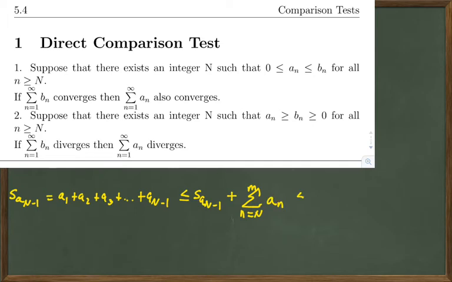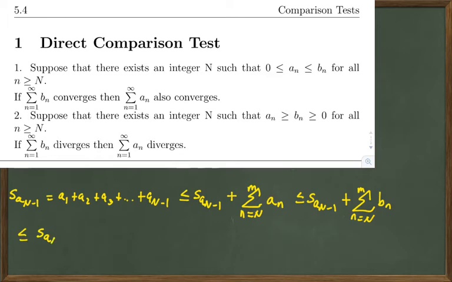And we're going to know that by our assumption that once we get past N, then the b sub n terms are going to be larger term by term. So this is going to be less than or equal to S of a sub N minus 1 plus the sum n equals big N to m of b sub n.